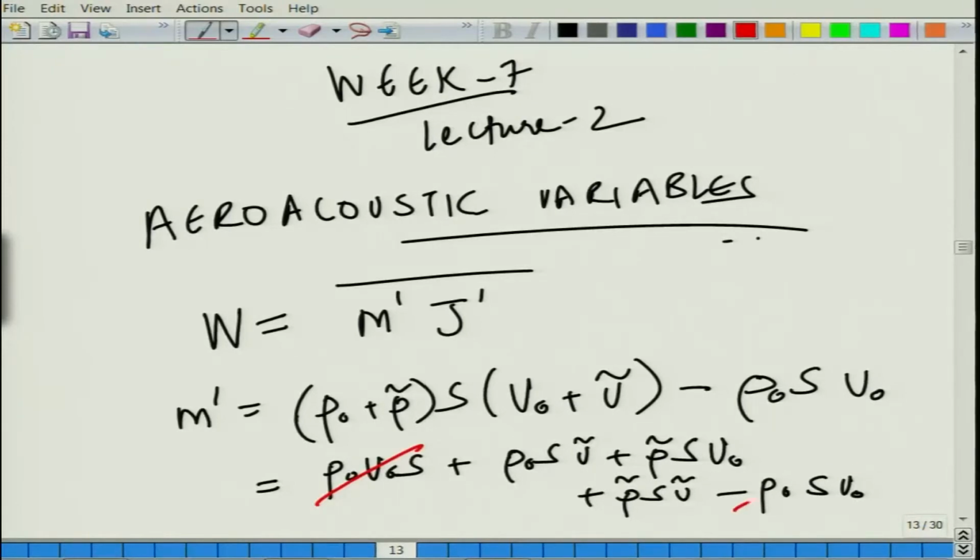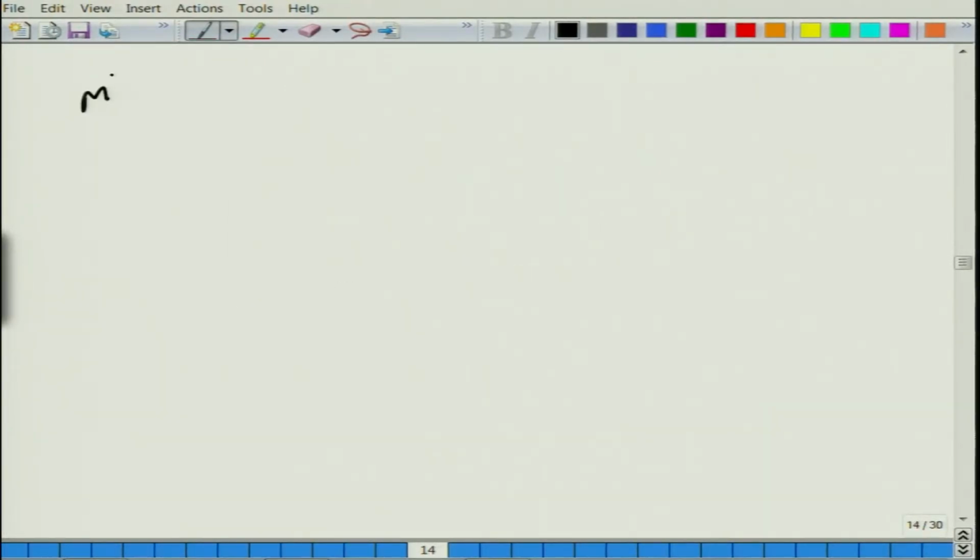This thing goes away, and these terms will drop out, because the products of the perturbations are second order quantities, much smaller than your other quantities, that is u tilde and the other two terms. So, after a little bit of algebra, the perturbation mass velocity is nothing but rho naught S u tilde plus rho tilde S u naught.